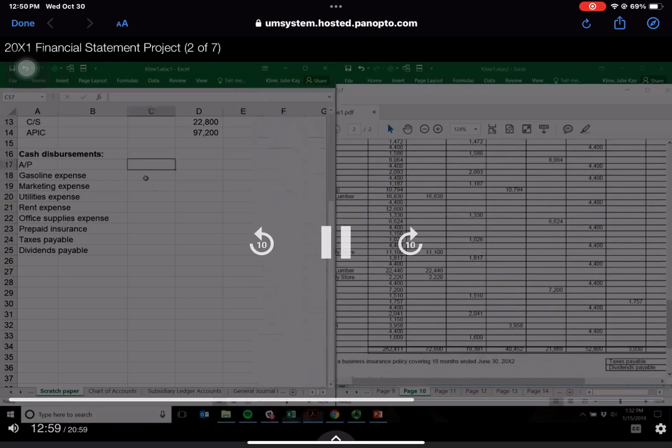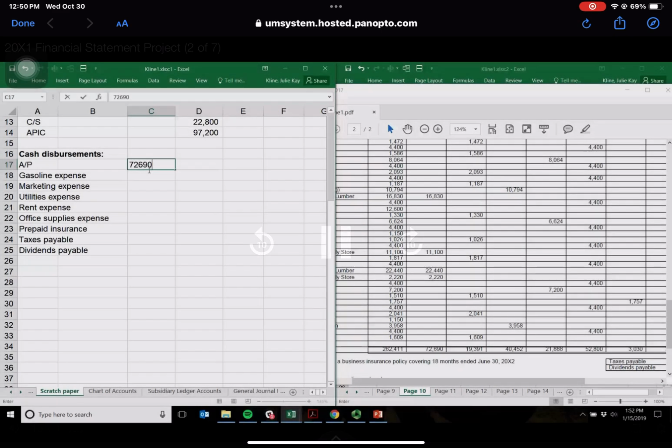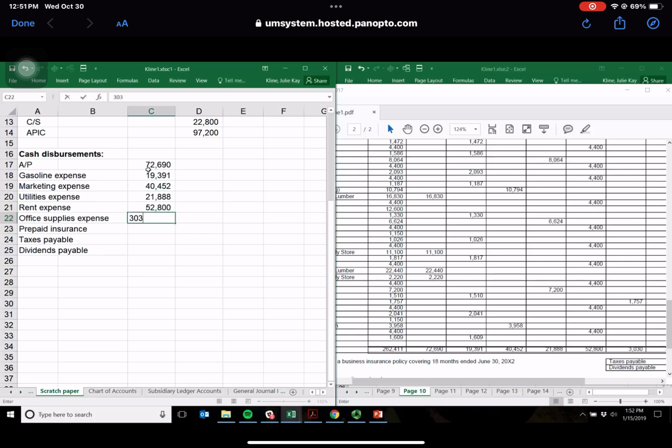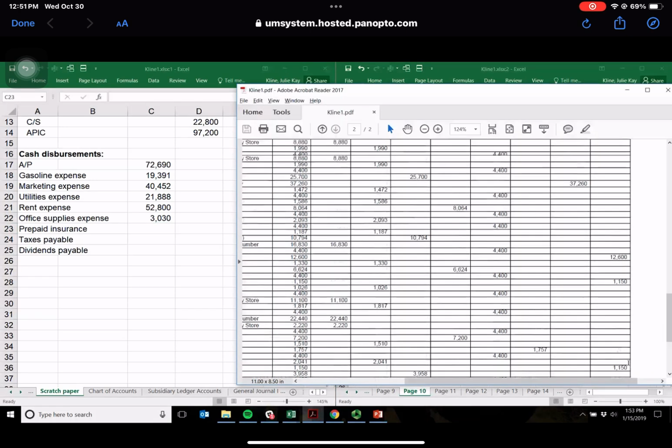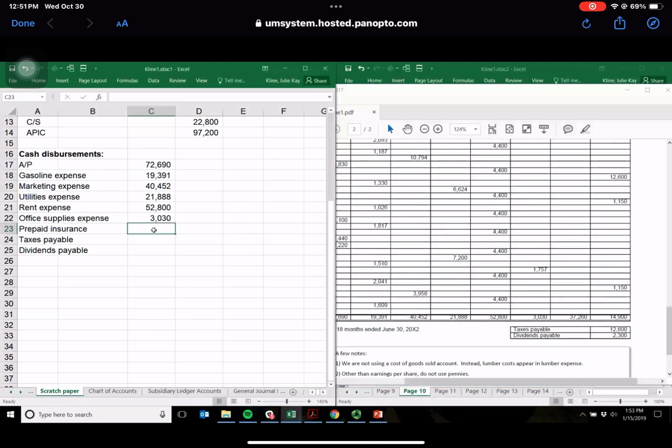Those are what we need to post. So credit here is going to be cash.